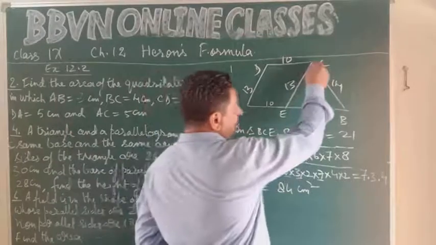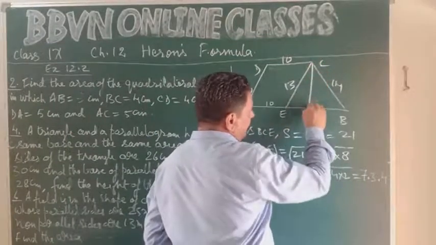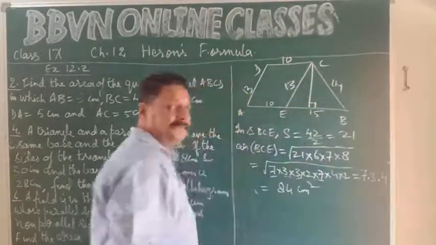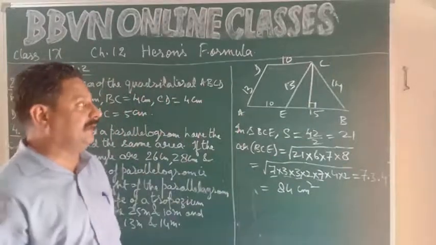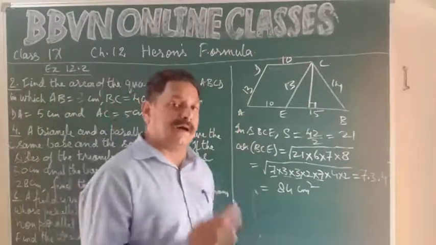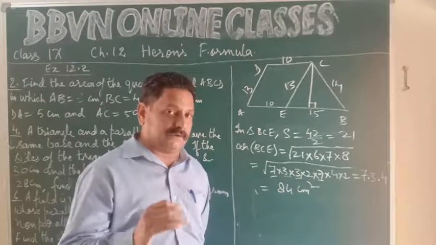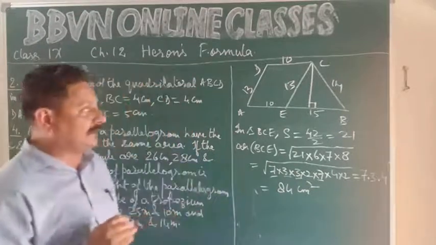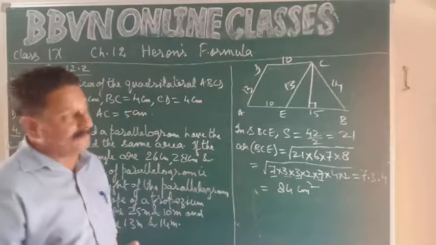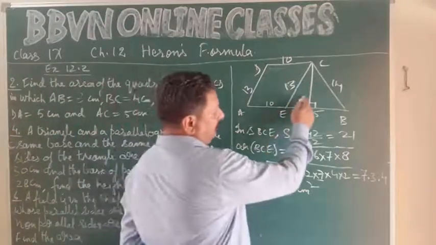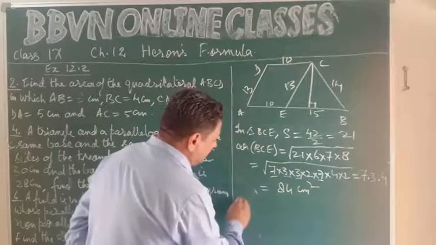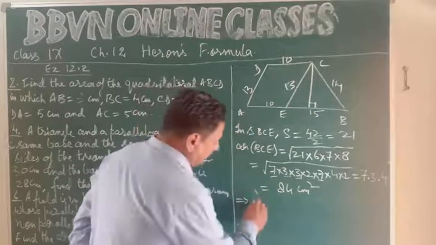Now using this area we can find the height of this triangle. Why do we need height? Because the area of a trapezium is equal to half into the sum of the parallel sides multiplied by the height, or the distance between the parallel sides. So for the area of the trapezium we need the height, and we can find the height from this triangle. We know that the area of a triangle is half into base into height.